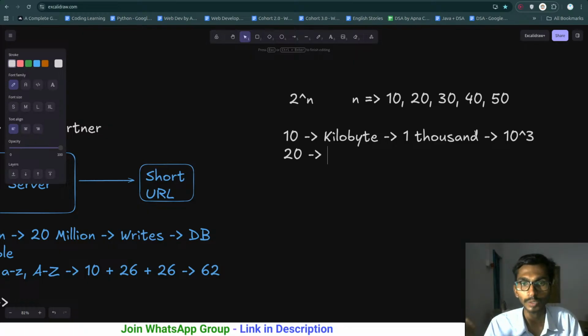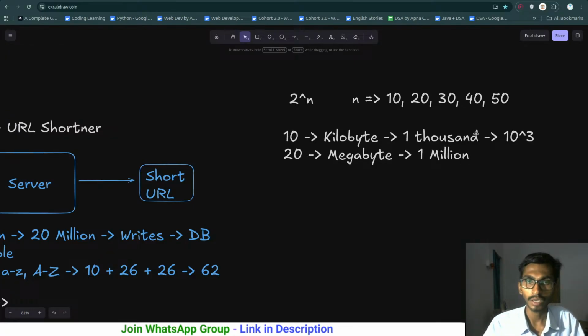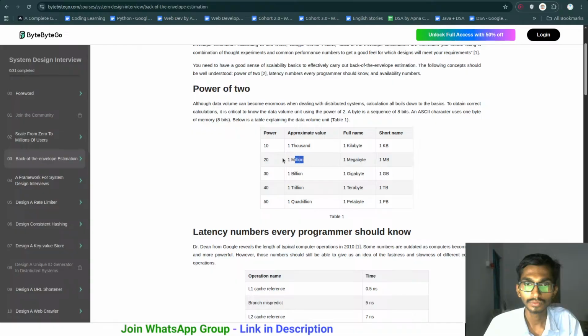The next thing is 2 to the power 20. That is a megabyte, and that is how much? 1 million, if I'm not wrong. Let me have a look over here. Yes, 1 million, and that is called 1 megabyte. Short names are 1 KB, 1 MB.